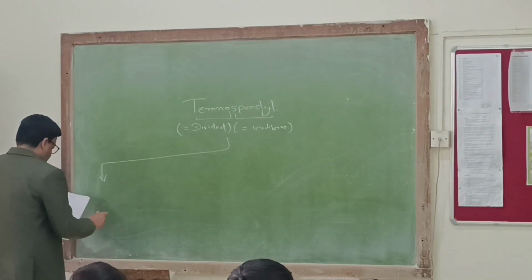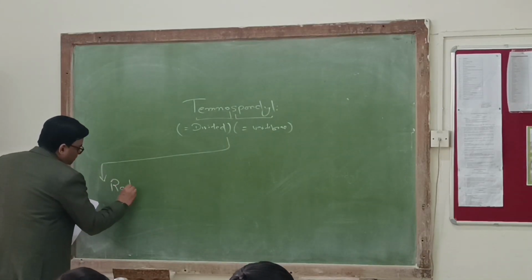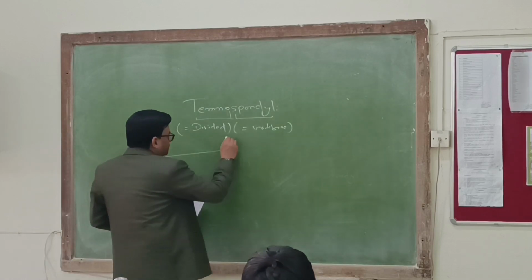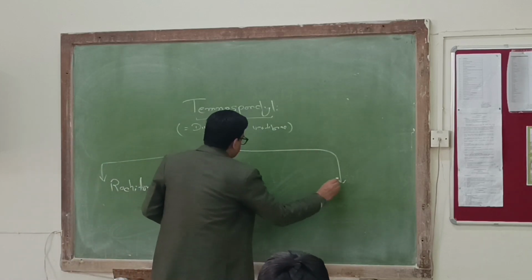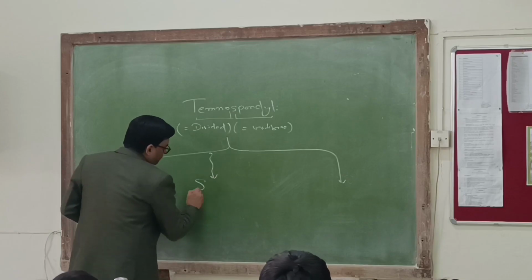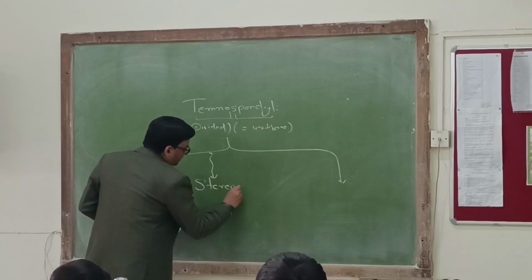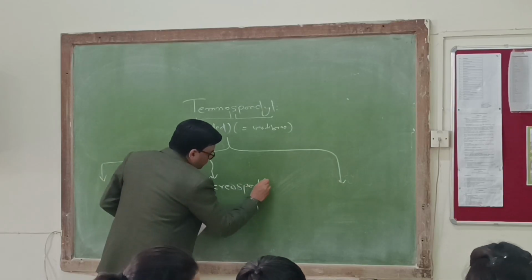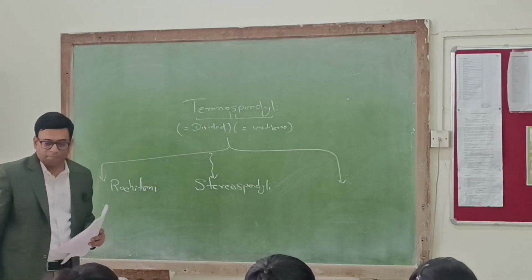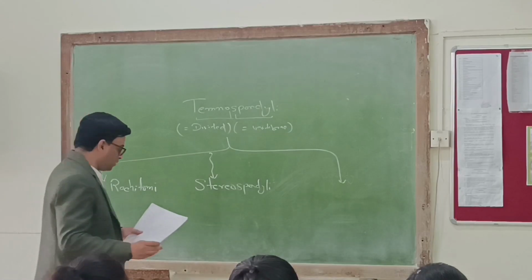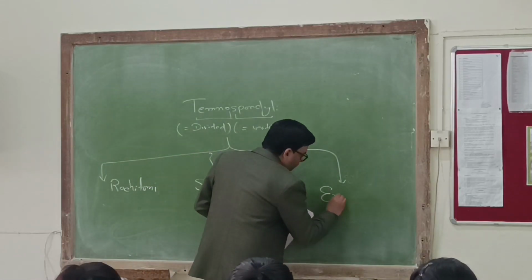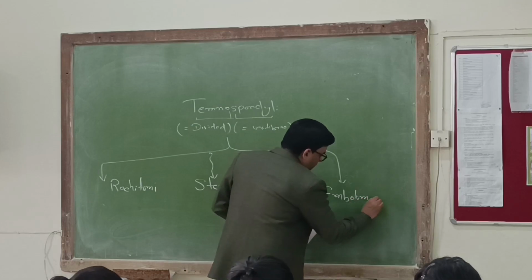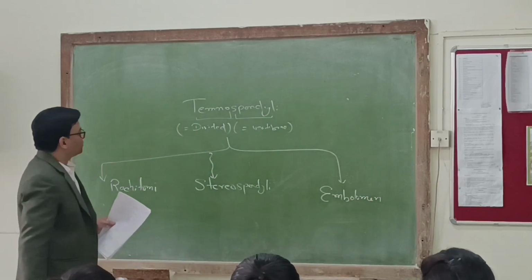So write down Rhachitomi, Stereospondyli, and Embolomeri.